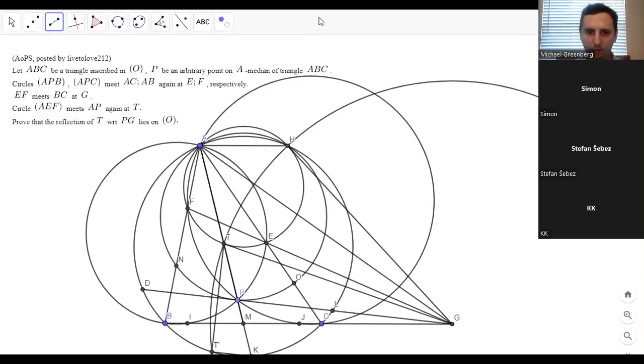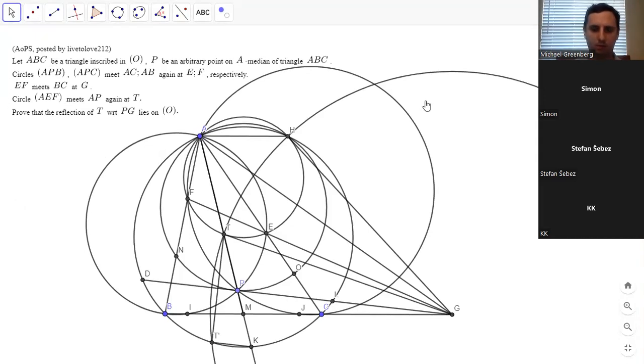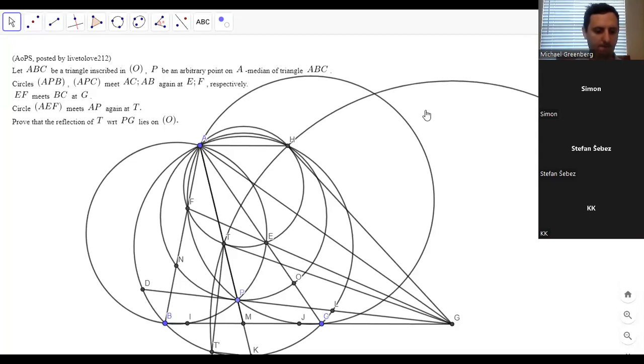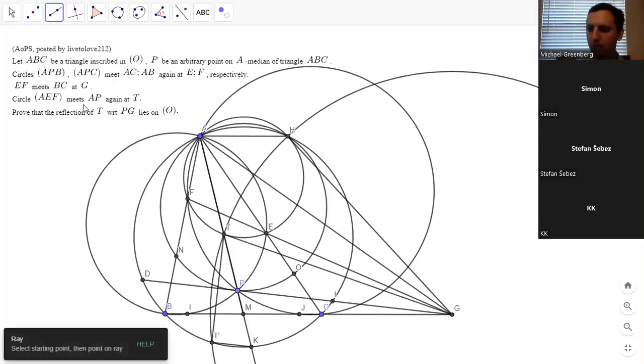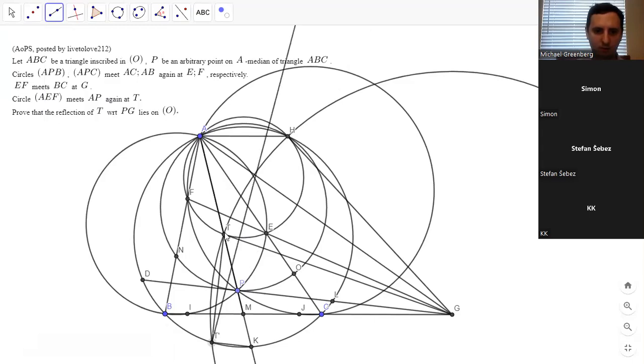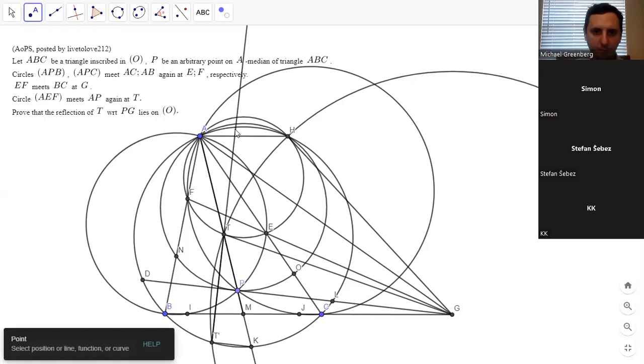T prime. Yeah, so I could try drawing that. Let's draw that in. So yeah, let's see if there's anything special about this point.